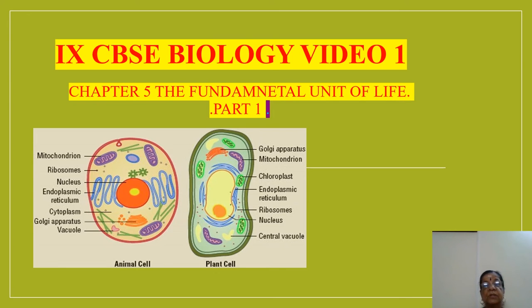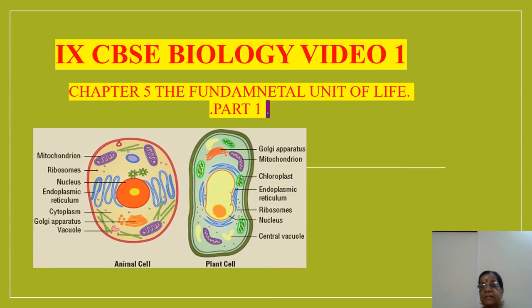Now what you are seeing on this first page is about the structure of the plant cell and animal cell. As I said, the major difference is that a plant cell will have a definite cell wall, the presence of a large vacuole, and the presence of plastids: chloroplast, chromoplast, and leucoplast.